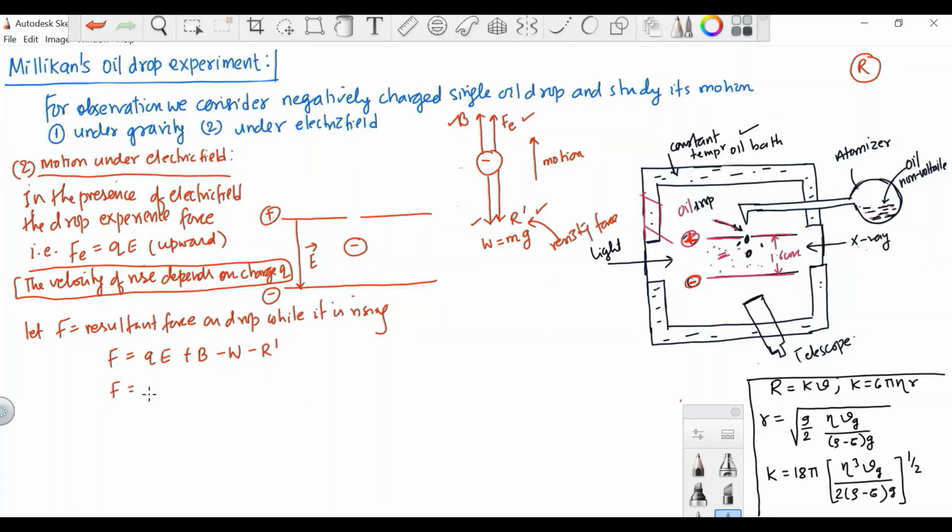Now F equals QE minus W plus B minus K times V, with some simple mathematical manipulation, because the resisting force is proportional to the velocity.